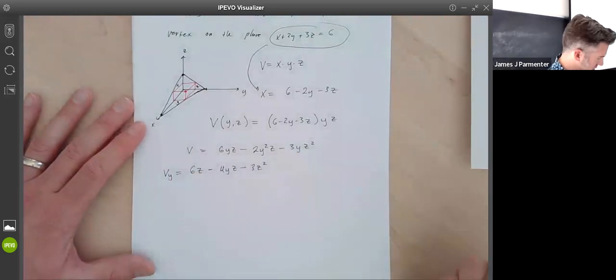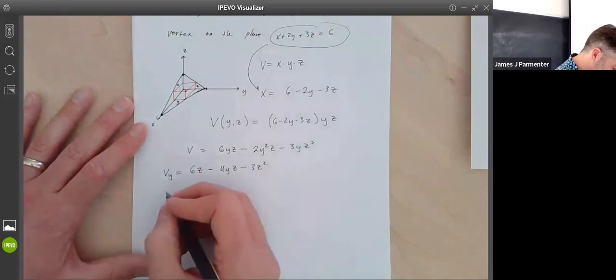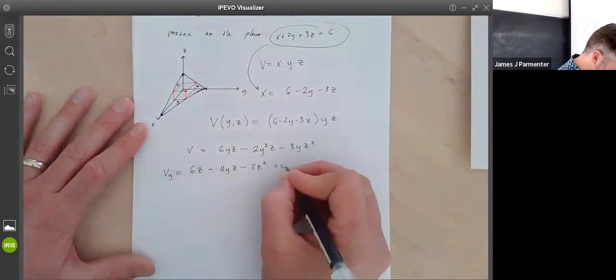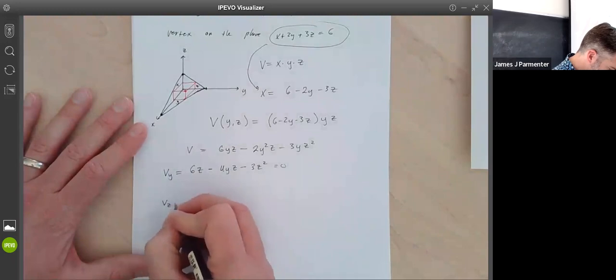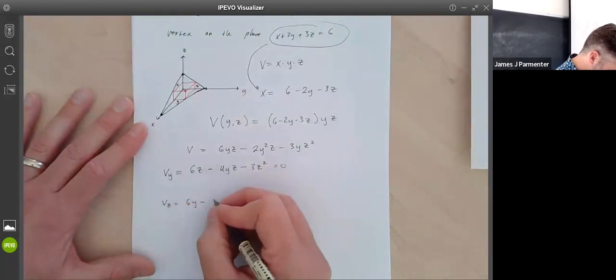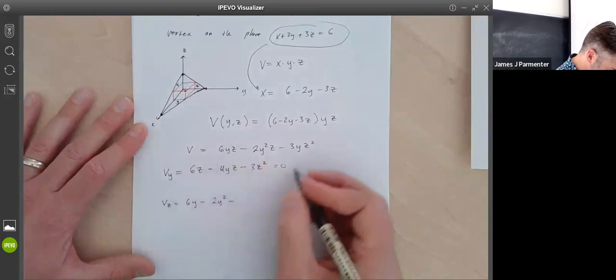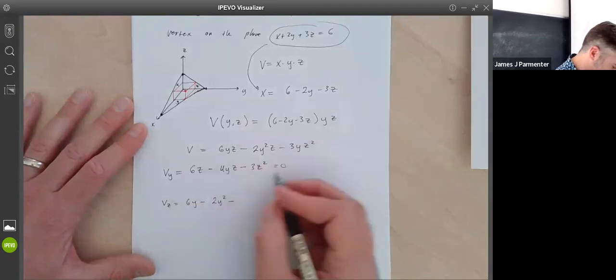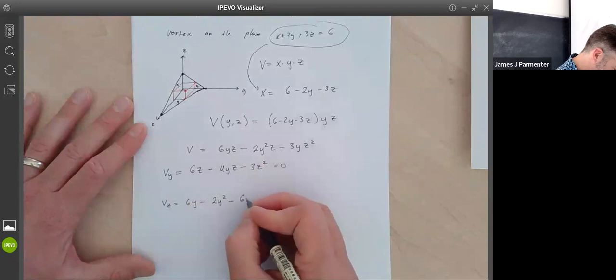It's kind of a little gross. And then we're going to set that equal to 0. And V_Z is going to be 6Y minus 2Y squared minus 6YZ.